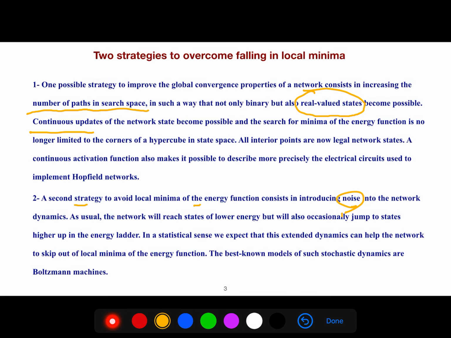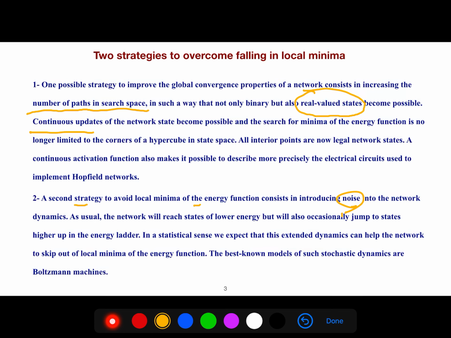introducing noise. As usual, the network will reach states of lower energy, but will also occasionally jump to states higher up in the energy ladder. In a statistical sense, we expect that this extended dynamics can help the network to skip out of local minima of the energy function.